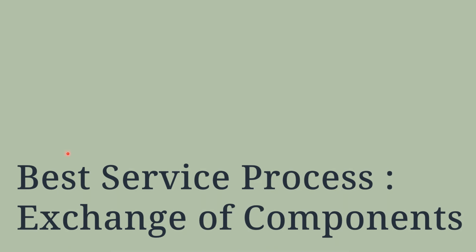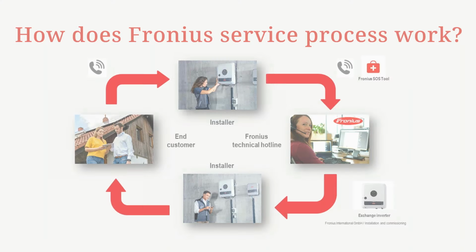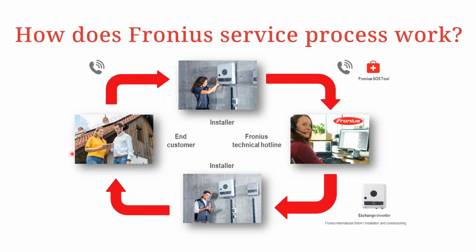Yeah, so let's look at exchange of components. Now, once there is a service case that would require an exchange of either the entire inverter or a component of the inverter, the installer basically goes to the client, gets this information, gets this component or the inverter.